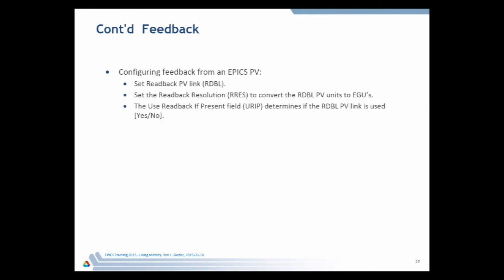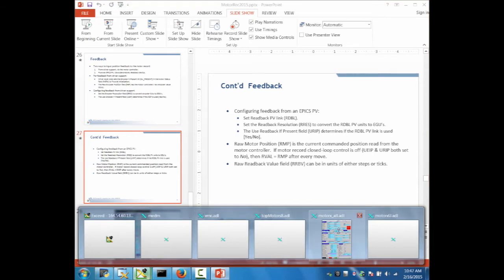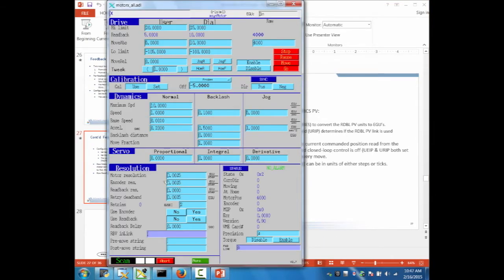I don't have a slide showing these things, unfortunately. I can show you where they are here. If you can see this cursor, this is the encoder resolution field, and for some reason I have UEIP set to yes, which I'm sure the underlying controller doesn't support in this case.